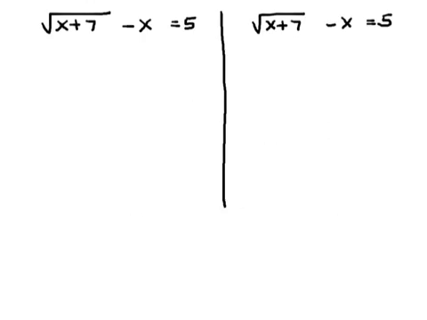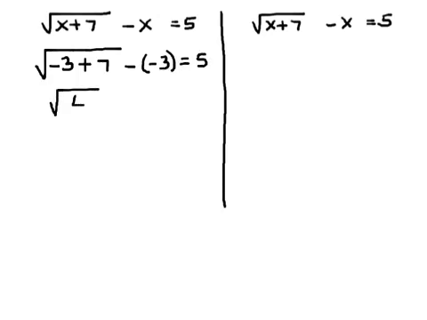Having found these solutions, we have to check whether they are truly solutions by plugging into the original equation. So let us now check if negative 3 is a solution. Negative 3 plus 7 minus negative 3 is equal to 5. Simplify this.